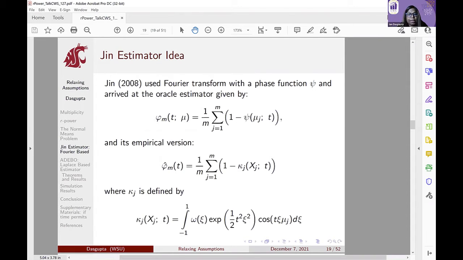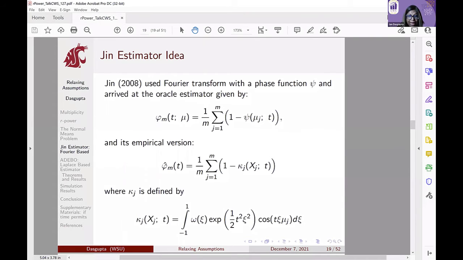So if you look at going from the actual characteristic function to the empirical version of it, we take the psi, which is the actual characteristic function, and we replace it by kappa. Kappa is something that we can actually estimate.